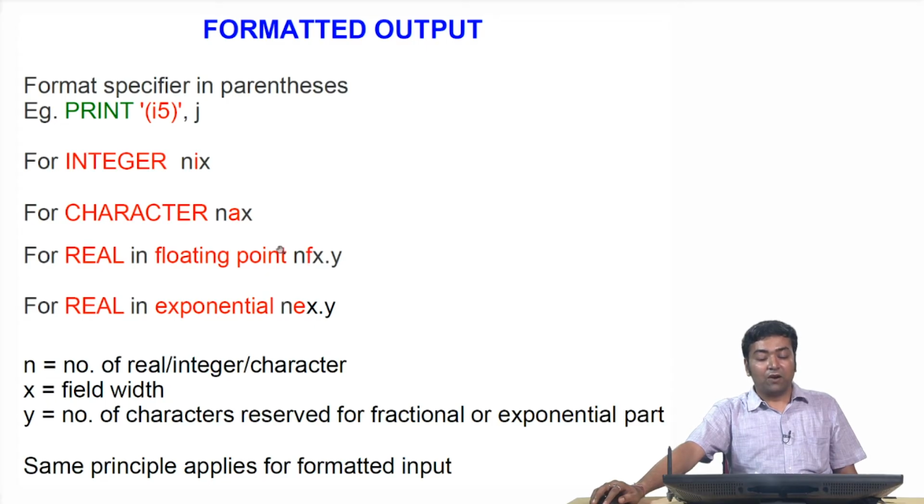Now, the third category, the field width, is divided into two parts, x dot y. x tells the total field width I want to reserve for a given number, and then y tells the code how many characters of the fractional part need to be printed out of this total x. Similarly, for the real exponential, instead of f I use e. The same principles also apply for the formatted input.